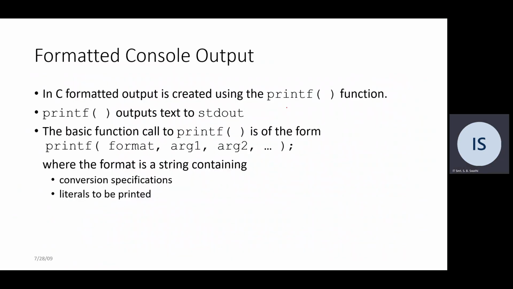The formatted output function. So printf is a formatted output function. It displays whatever input is given to the program to the standard output device, that is stdout, which is our monitor. And the basic syntax is, here we write the format specifiers in the printf statement along with the variables.